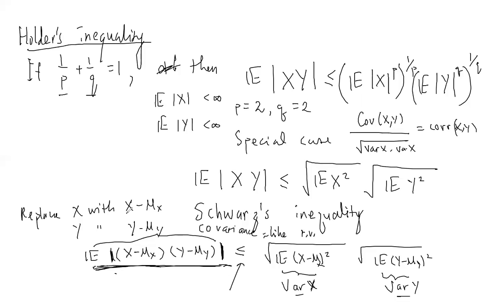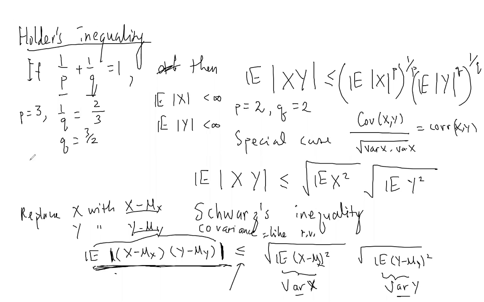Okay, when you make substitution, the special case is Schwartz inequality. Of course, for other cases, you can try out, like for example, if you take p is equal to 3, then your 1 over q must be equal to 2 over 3, and therefore q must be 3 over 2.